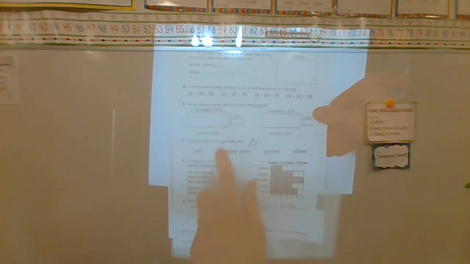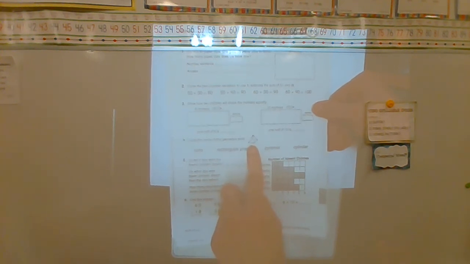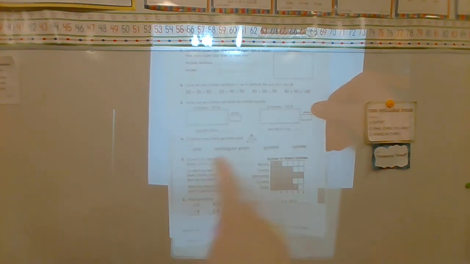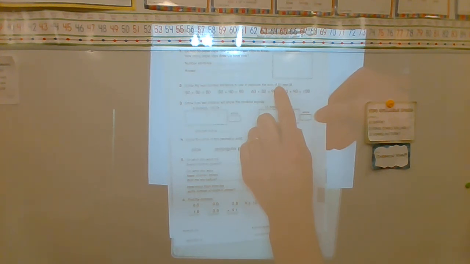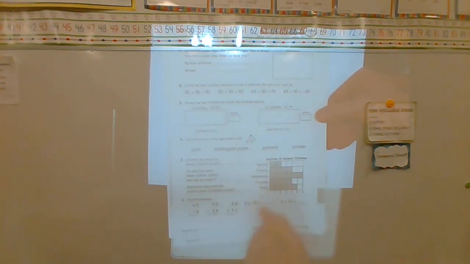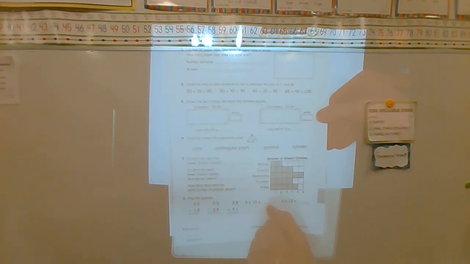Then number 4, they've got a picture for you of what we just talked about. Otherwise, I believe everything else on here we've practiced, so just keep practicing the things that you've learned. 51 and 38, you're going to round to the nearest 10, so they're either going down or up to the next 10. And then you'll work on this page and you and Mom can double check.